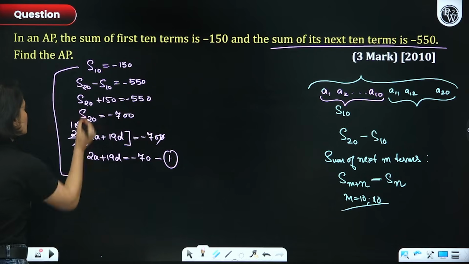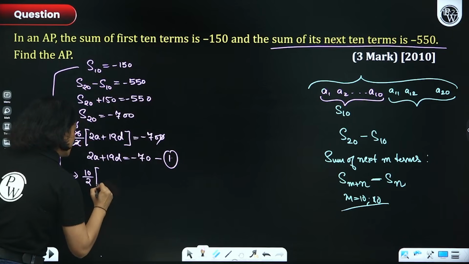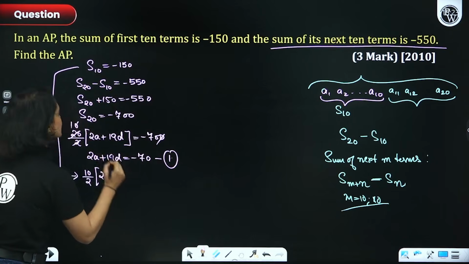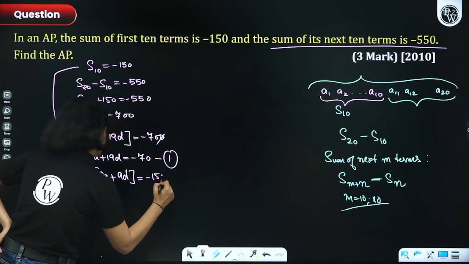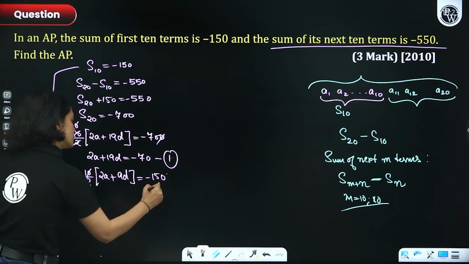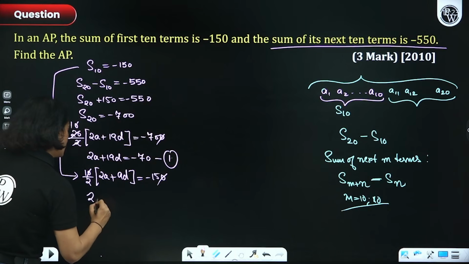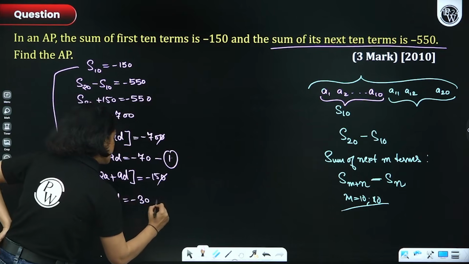S10 can be written as 10 by 2, 2a plus 9d is equal to negative 150. Now here we can cancel 0 and 0. So here we'll have 2a plus 9d is equal to negative 30. This is equation number 2.